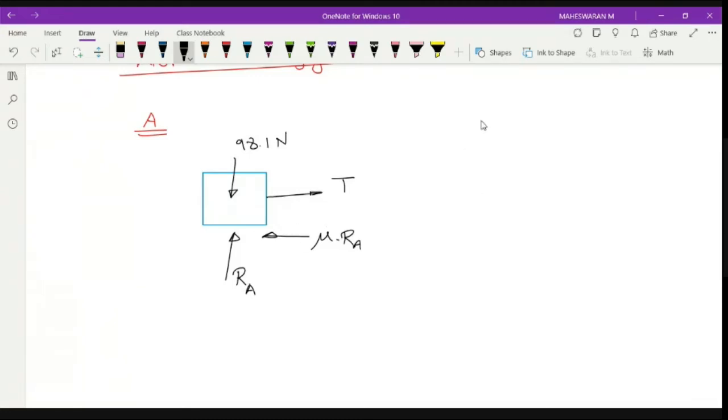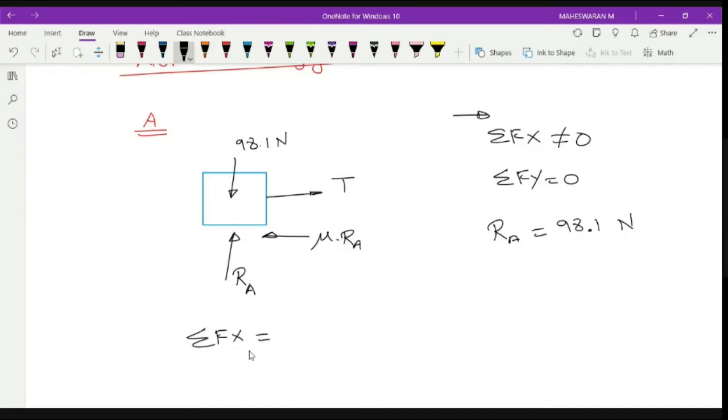Here sigma Fx is not equal to 0, because you have movement in the x direction. But sigma Fy is equal to 0. If I equate it, I will get R_A equal to 98.1. Now let us identify sigma Fx.